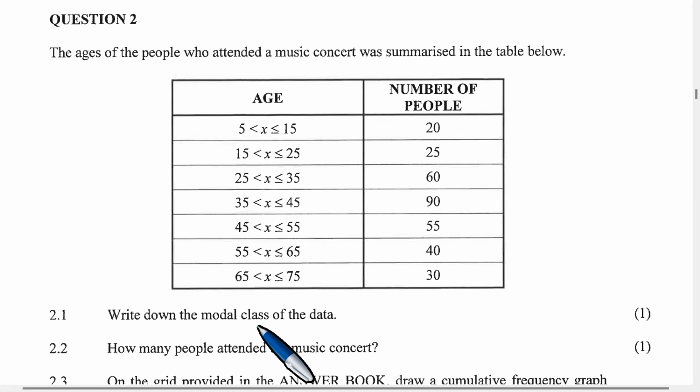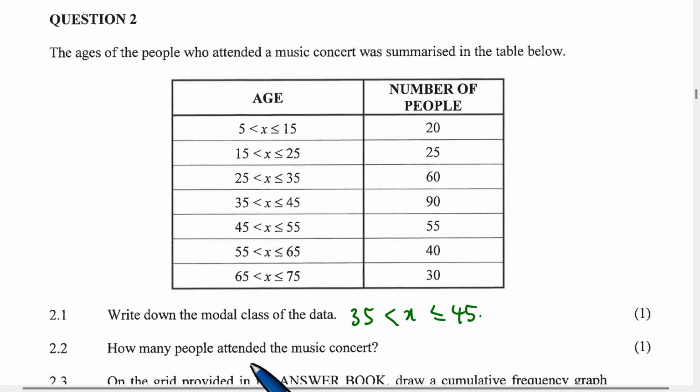At this point, the modal class is as follows. The modal class is the one that has the highest frequency. And the highest frequency, for example, we can see is 90 because this is 20, 25, and 90 is the biggest of these. So therefore the modal class is this one here from 35 to 45.